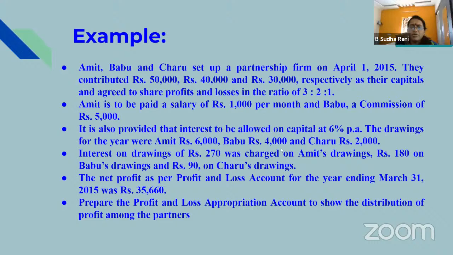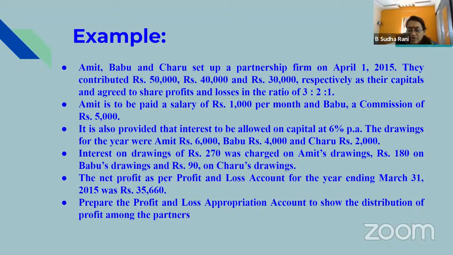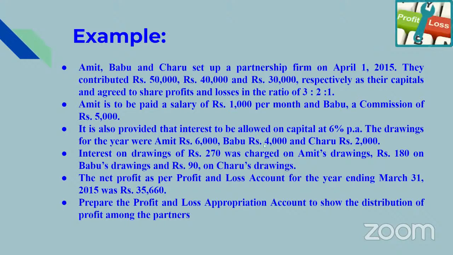So which amount now we are supposed to take in profit and loss appropriation account? 270, 180, 90, ma'am. Is that the amount of drawings or interest on drawings? Interest on drawings, ma'am.